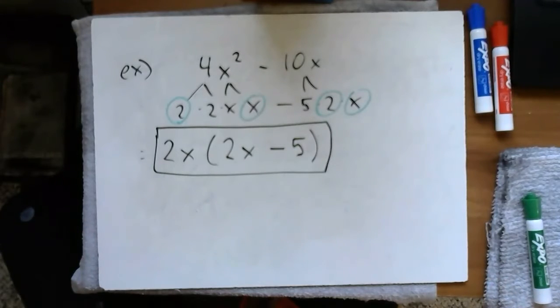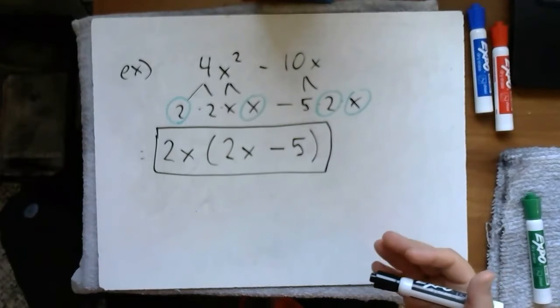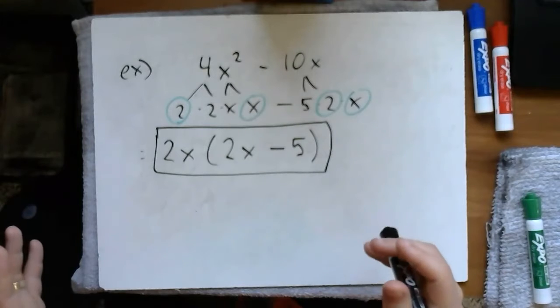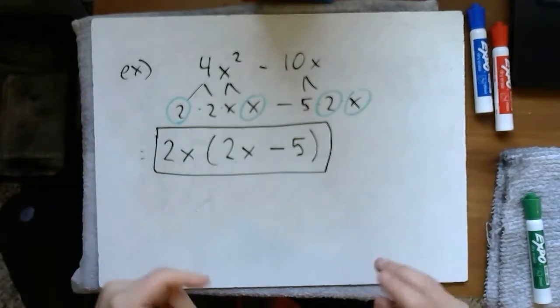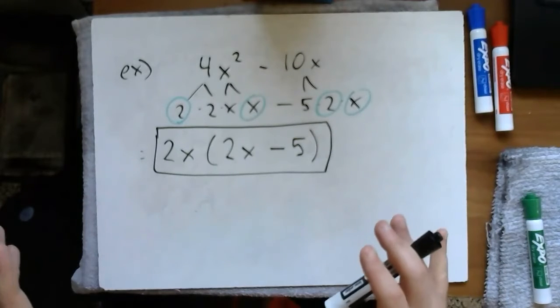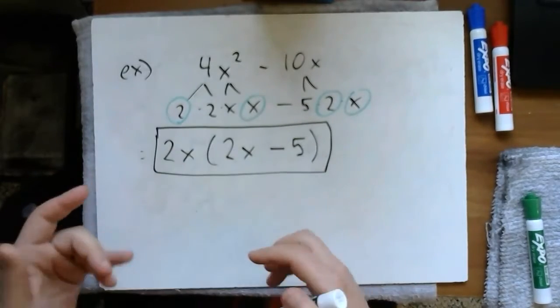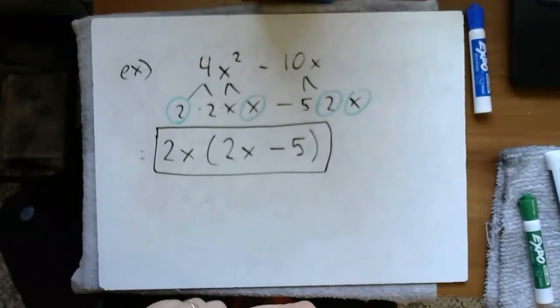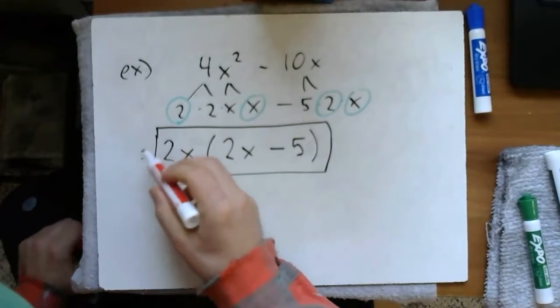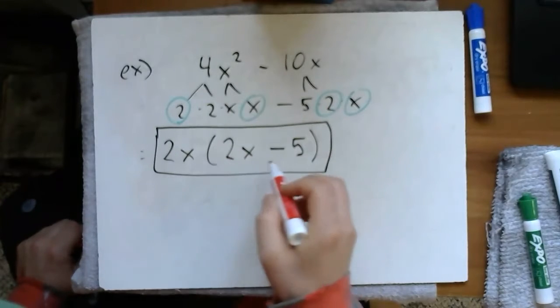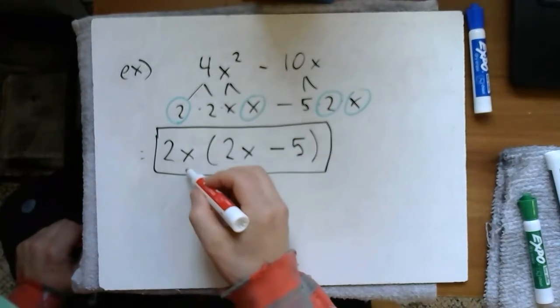Okay. Note too, I said earlier that factoring was unmultiplying, or breaking apart that multiplication. Well, look, you can always multiply the factors to get back to the original. And this is just some check work to make sure we factored it correctly. Well, 2x, or this monomial, times this binomial, right?